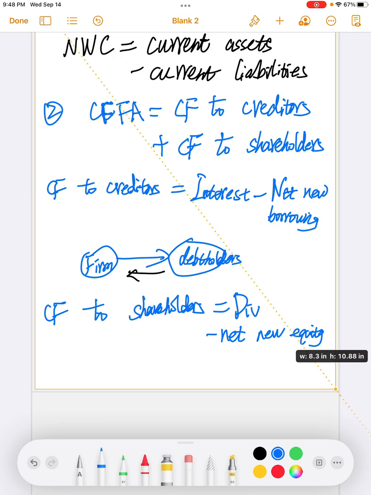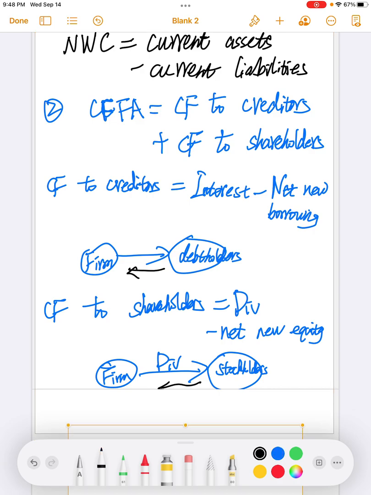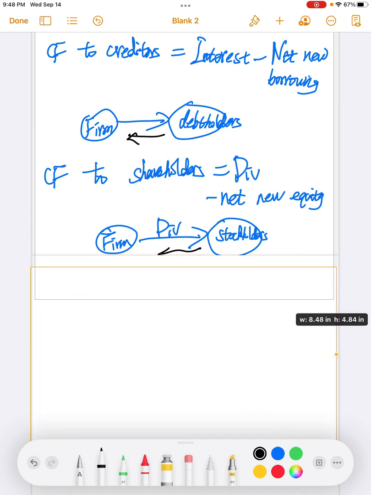So if the company raises some amount from the stockholders, we need to subtract that amount from the dividends paid to the stockholders. Therefore, cash flow to stockholders equals dividends minus the company's net new equity raised.